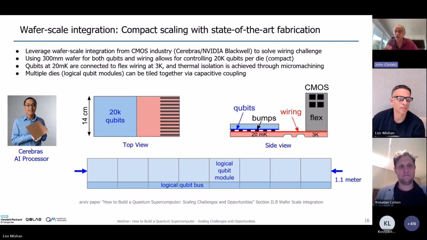And then at 3 Kelvin, you connect that to some flex wiring to, say, CMOS control circuitry, either at 3 Kelvin, 50 Kelvin, or all the way up to 300 Kelvin, depending on the power of the CMOS that you can do. This way, you can integrate this in a nice 20,000 qubit module that can be tested and made fairly inexpensively.